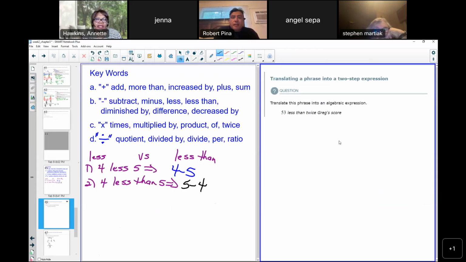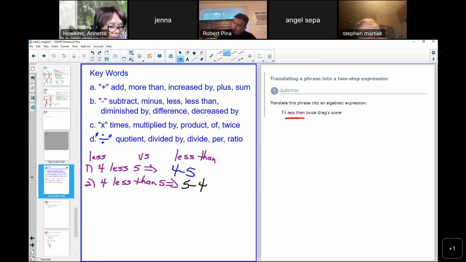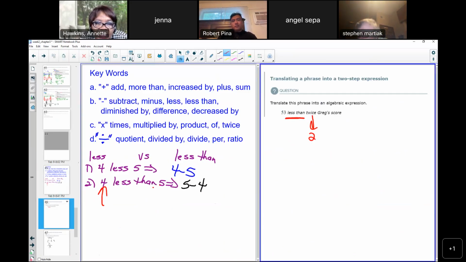All right, let's take a look at this one. It says translate 53 less than twice Greg's score. So these are really good problems because you just go through and you dissect. We talked about less than, here it is right here, less than. So that number goes at the end, is that right? We know that twice means 2 times.